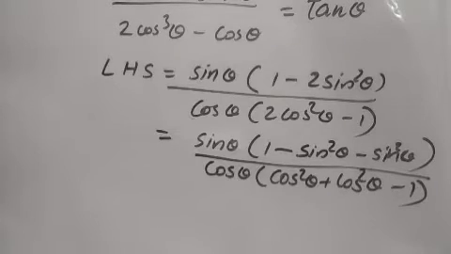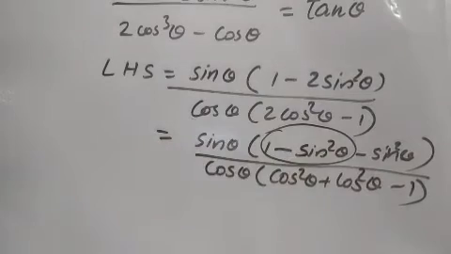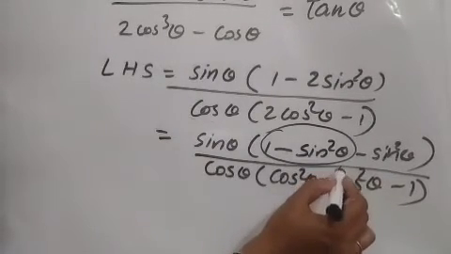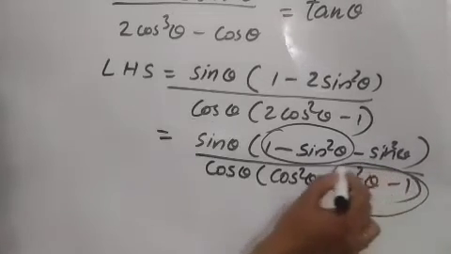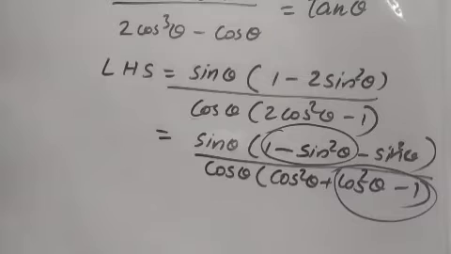Which identity is applicable here? Yes, we know that 1 minus sin square theta is cos square theta, and this one also we can apply, cos square theta minus 1. 1 minus cos square theta we know that is sin square theta. So what is cos square theta minus 1? It's minus sin square theta.